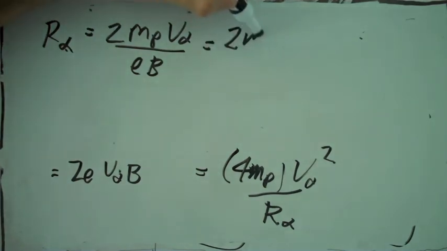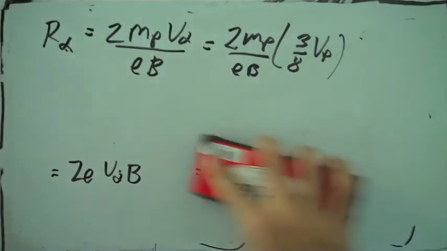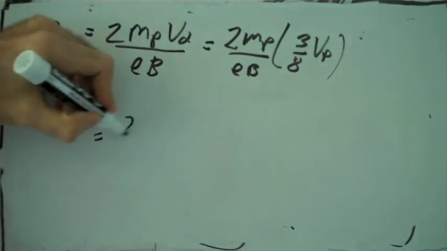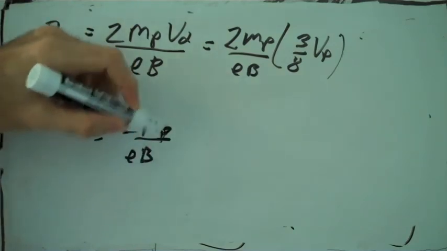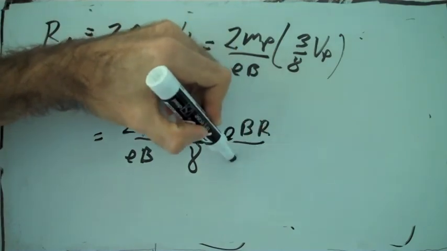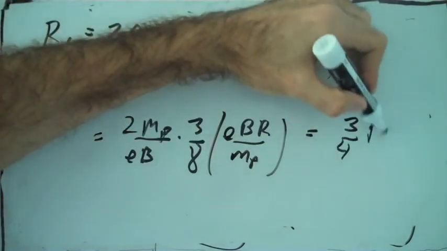So the velocity of the alpha particle, we already found before, is equal to 3/8 of the velocity of the proton. And we also have an expression for the velocity of the proton. So now we can plug that in for V_p in this equation, and so we have that it's equal to this. Here we plug in the velocity of the proton, which we found before. So now we find the radius of the alpha particle to be given by this.